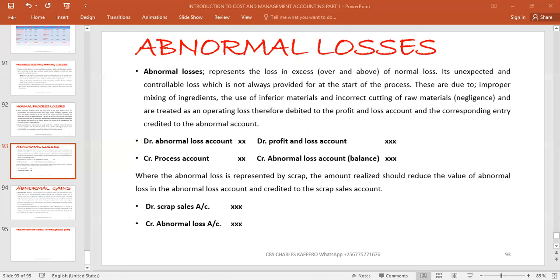When you put in too much salt, it means you are going to scare out the customers, and at the end of the day, you remain with your chapati because they will not be eating them. So it is because of the improper mixing of the ingredients. When those ingredients are not properly mixed, you are going to create wastages.